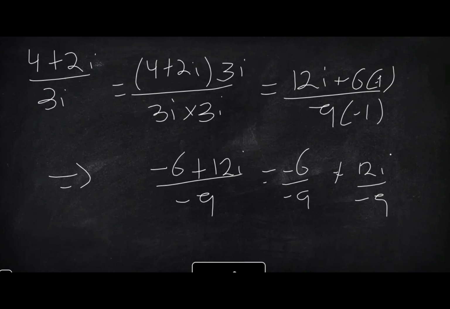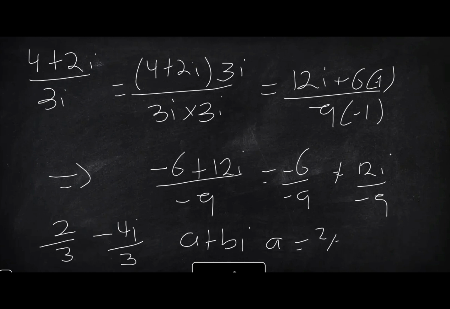So we can simplify this to get 2 over 3 minus 4i over 3. So comparing this to our standard form, a plus bi, the value of our a is 2 on 3 and the value of our b is negative 4 on 3.